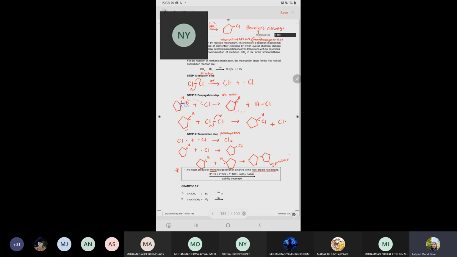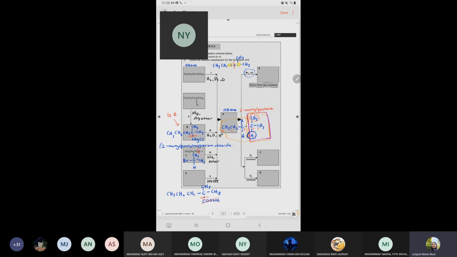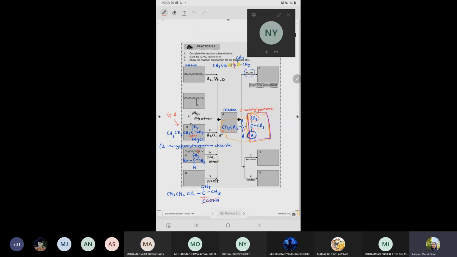Okay, so back to our question. Okay, look at the structure of alkane. Okay, saya padam balik yang saya contoh-contoh tadi tu. Sekarang ni tengok balik structure alkane. Okay, kat mana yang kita ada tertiary carbon?